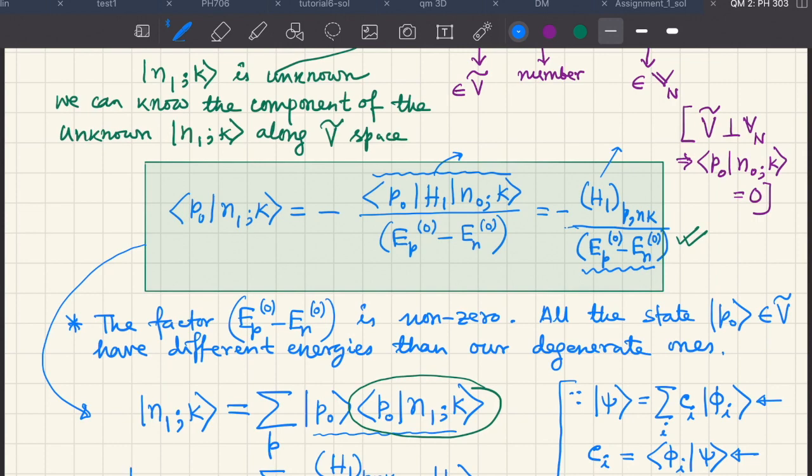So this is my n1 semicolon k, where remember these p0 ket vectors are the basis vectors in the V tilde space.